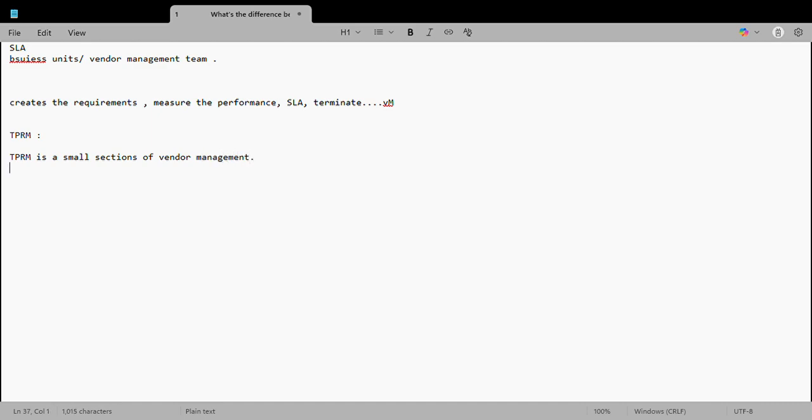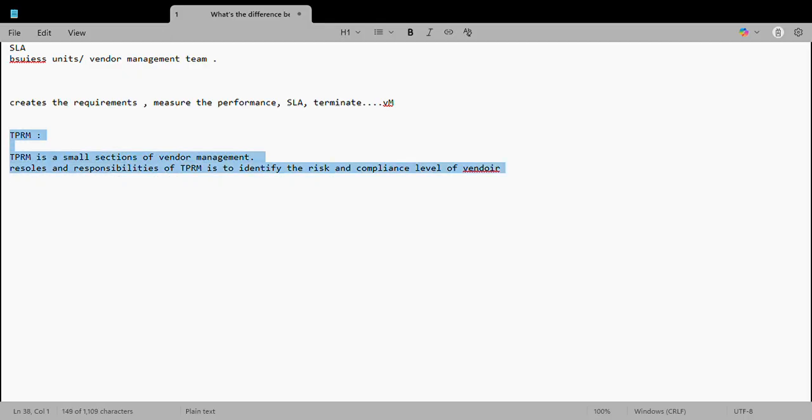The roles and responsibility of TPRM is to manage or to identify the risk and compliance level of the vendor. I hope these things are clear now. What is the scope of vendor management and what is the scope of TPRM?